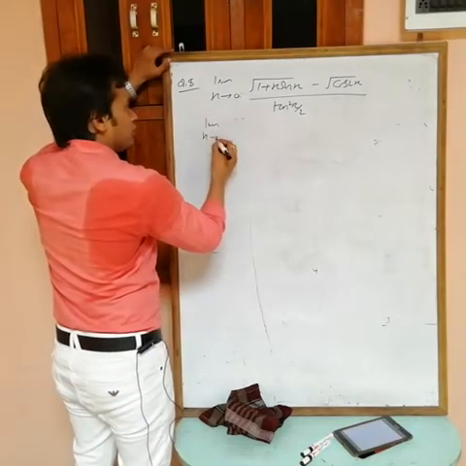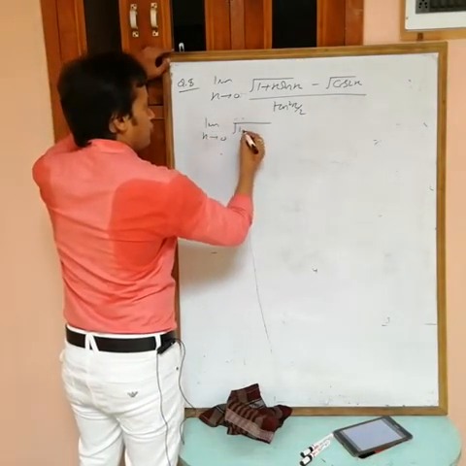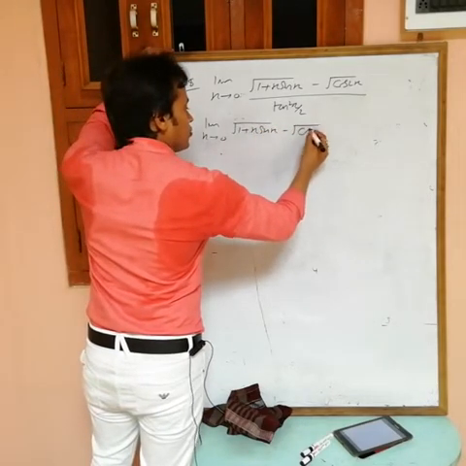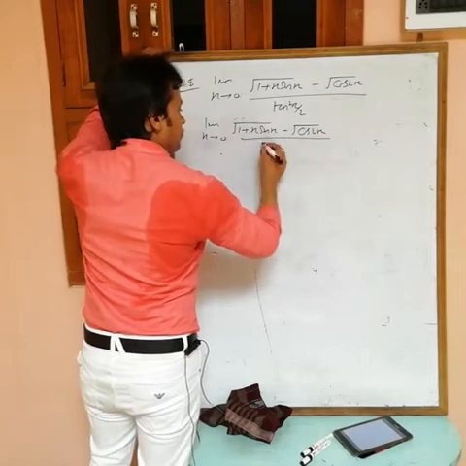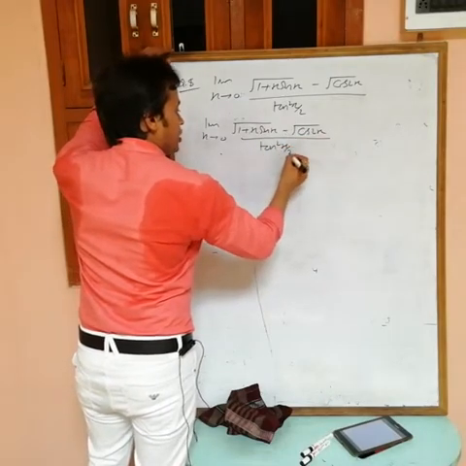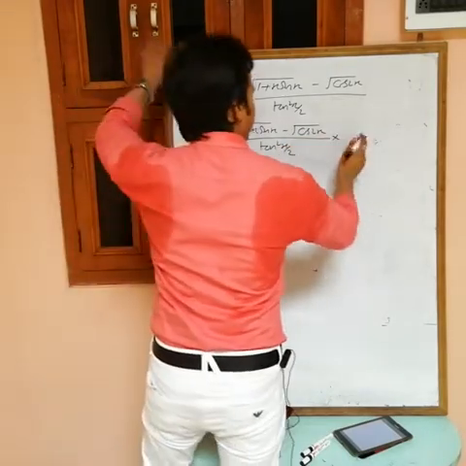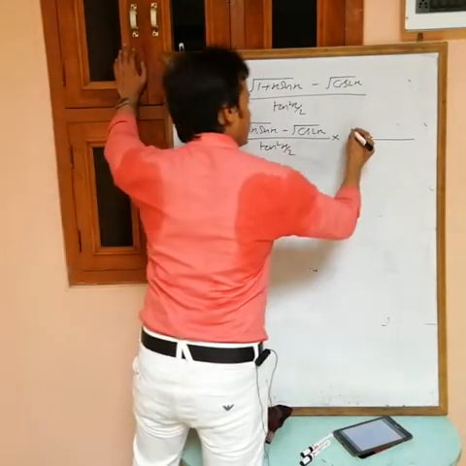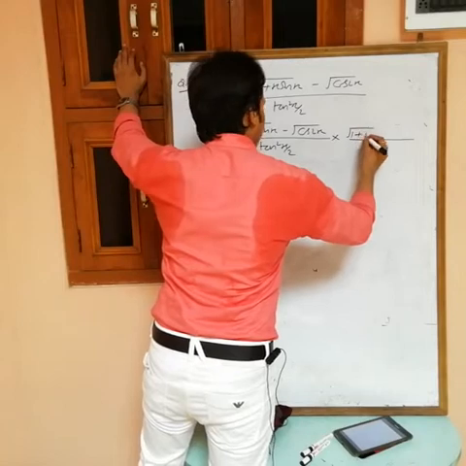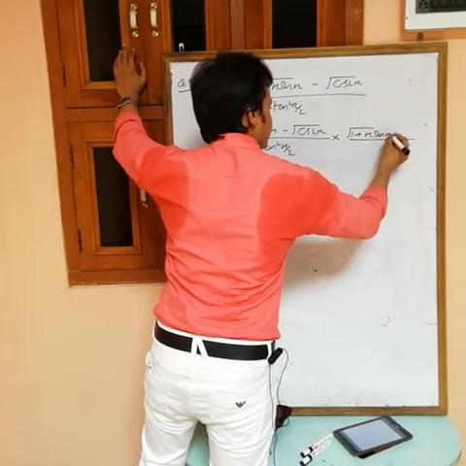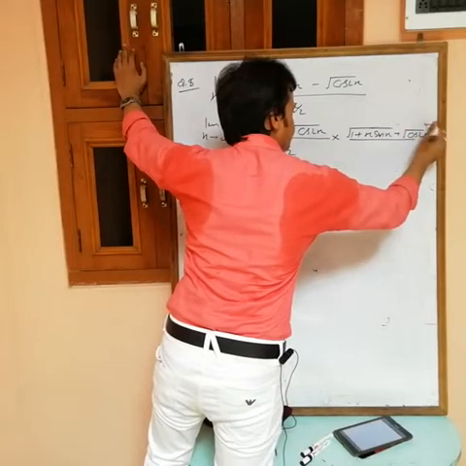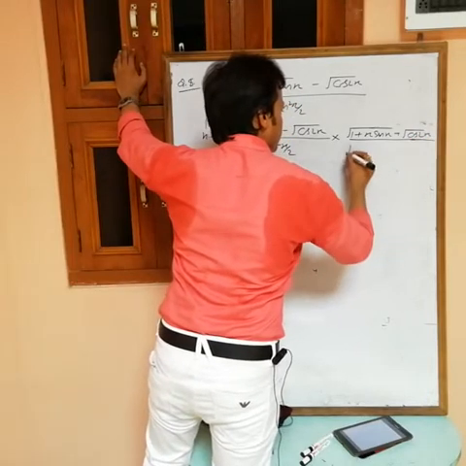Limit x tending to 0, root over 1 plus x sin x minus root over cos 2x by tan square x by 2. I am rationalizing the numerator, so multiplying with a plus sign in numerator and denominator. Root 1 plus x sin x plus root over cos 2x, same in the denominator.